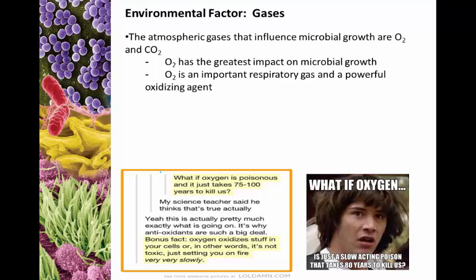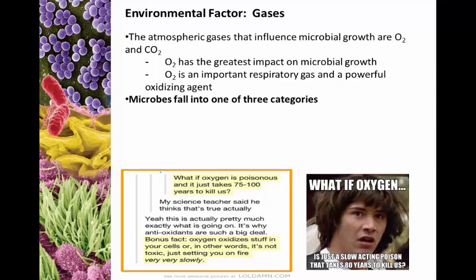So it's going to have impact on growth because think about it, building an entirely new cell, you're going to have lots of energy. Oxygen is both an important respiratory gas and a powerful oxidizing agent.